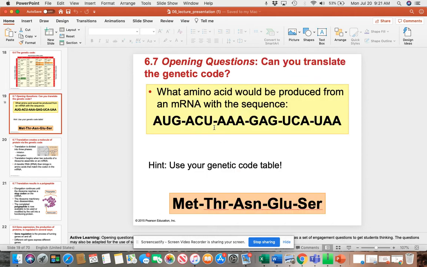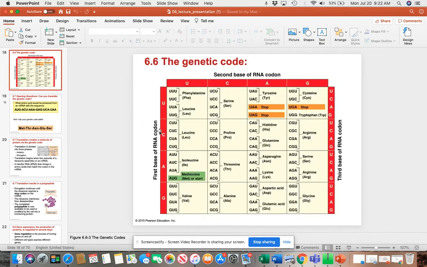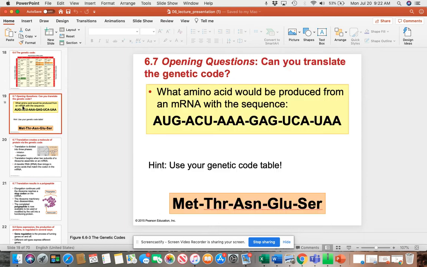Let's look at ACU. So here's our first base A, second C, ACU represents the amino acid THR, and there is your THR.